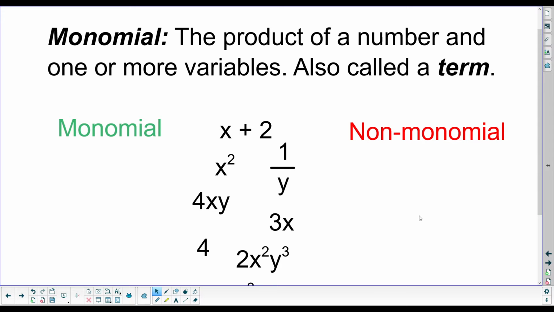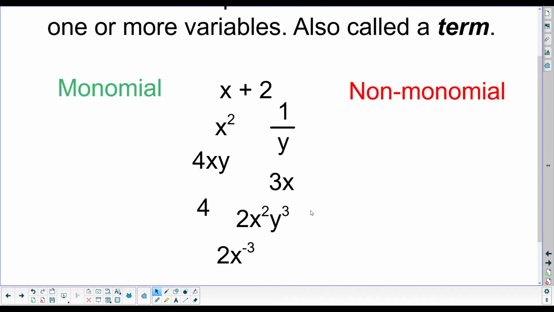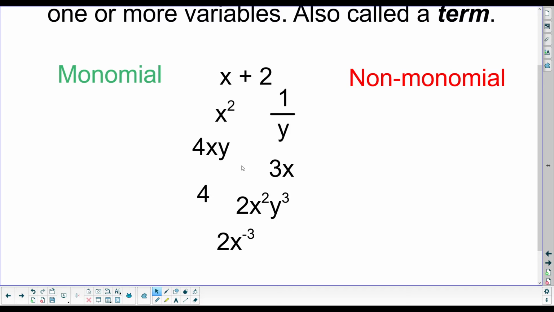All right. So if we look at these expressions in the center here, we can try to classify these as monomials or non-monomials. Let's start with x squared. x squared is a product of x and x. So that is a monomial. 4 times x times y, the product of 4 and x and y, also a monomial.